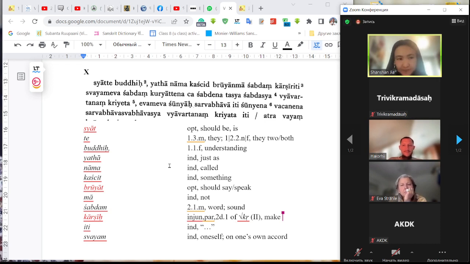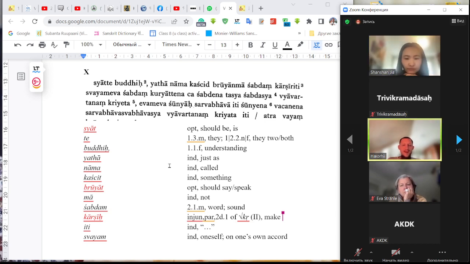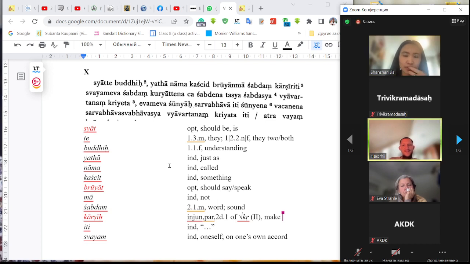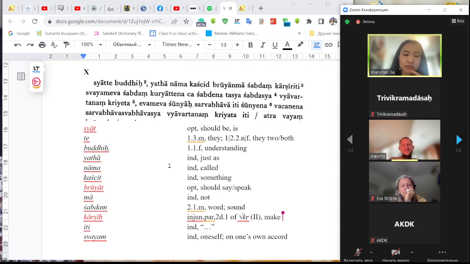Like what? Yatha. Behaving like somebody who says, ma shabdam garshihi. This is the person. And who is behaving like this person? Who is behaving like this person? The opponent. Opponent. No. Who is behaving?